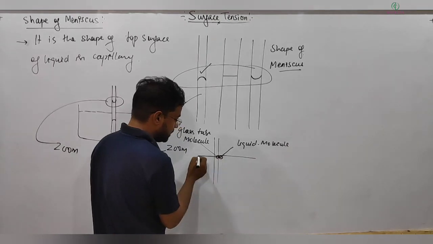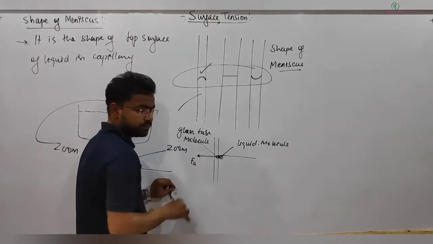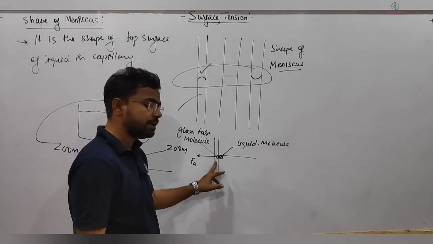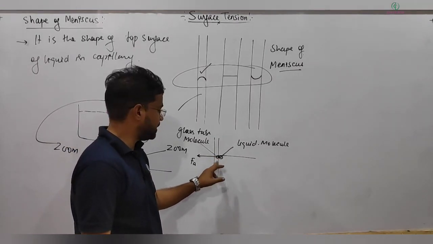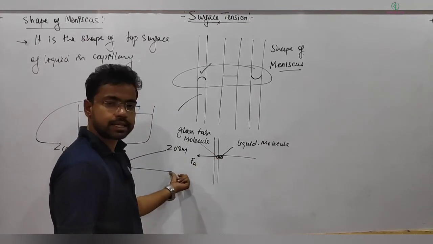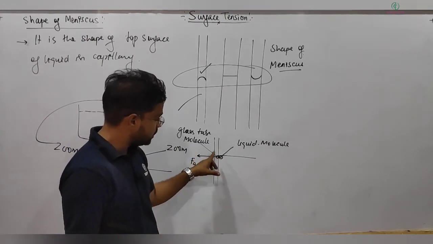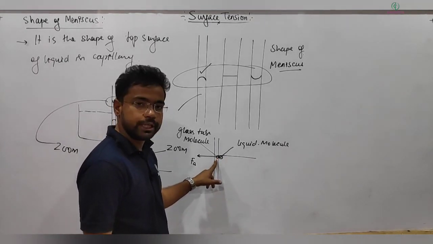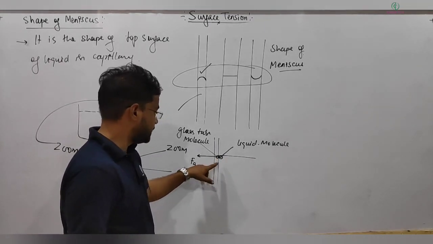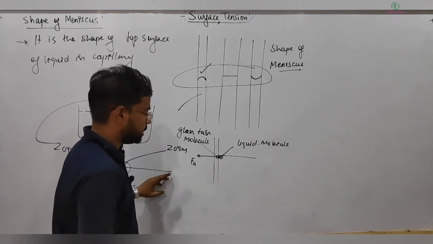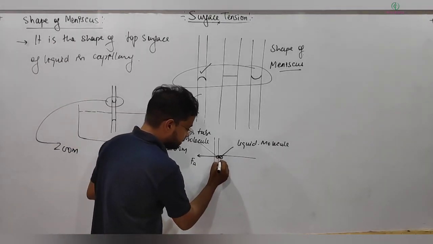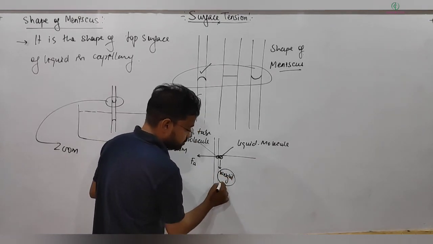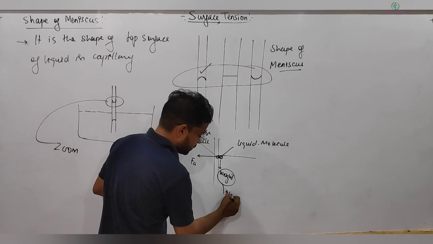Because the liquid molecule and the glass tube molecule attract each other, the force on the liquid molecule in contact with the wall of the capillary will be directed in this direction. It will also have some weight directed downward, but this weight is negligible, so we simply ignore it.